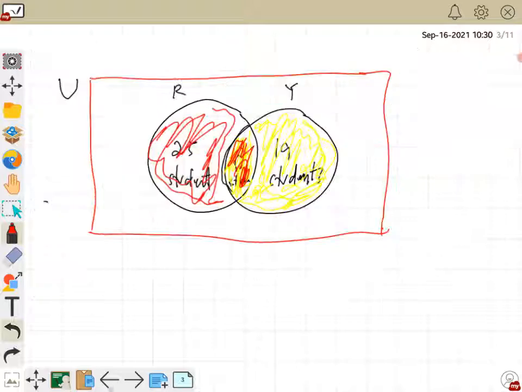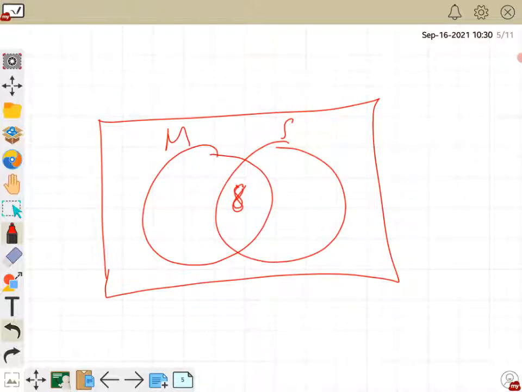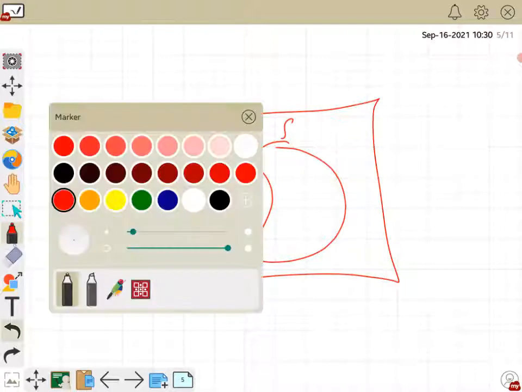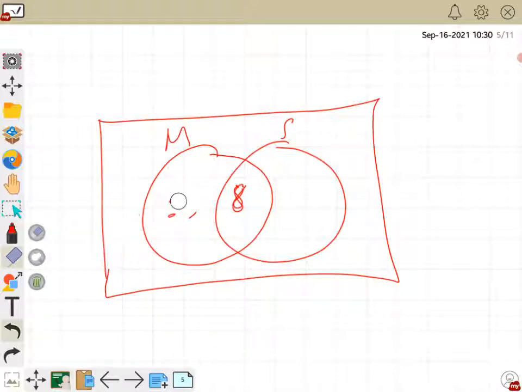Meaning, we cannot just write 23 here, because 23 already includes the teachers teaching both math and science. So instead of writing 23, we subtract 8 from 23, that's 15 teachers.